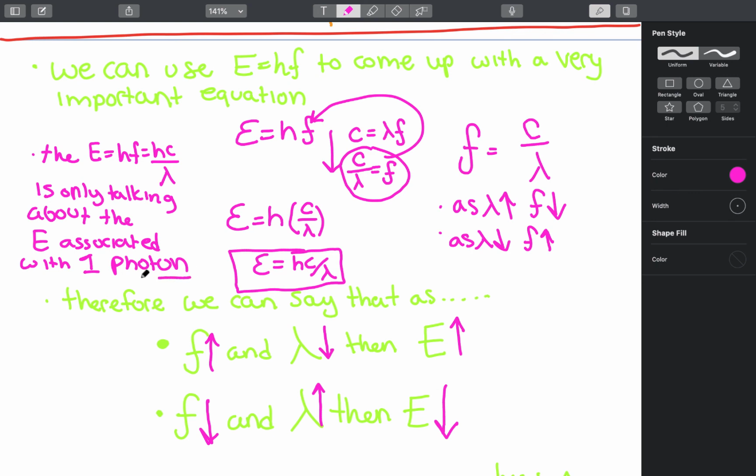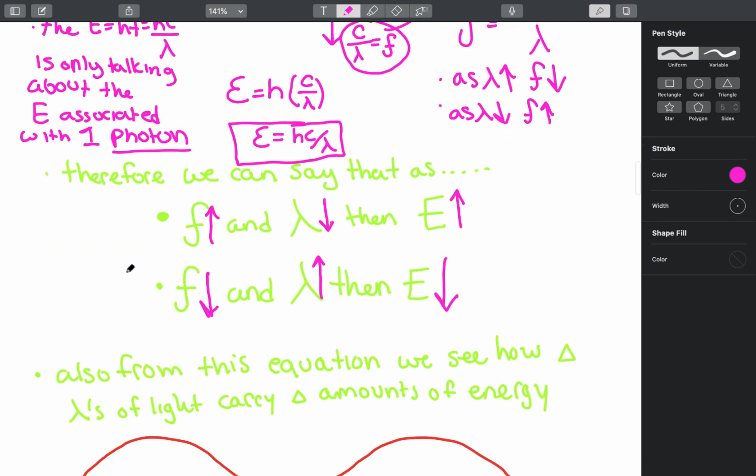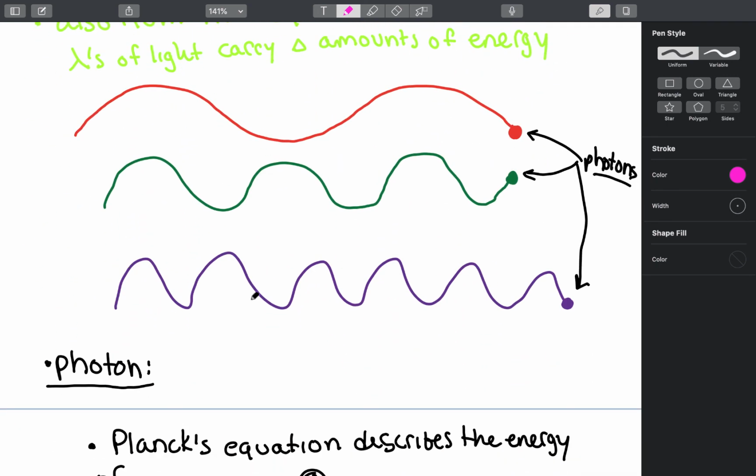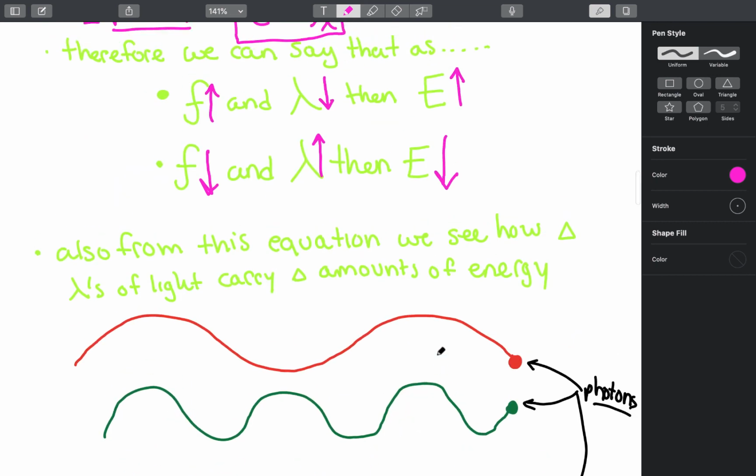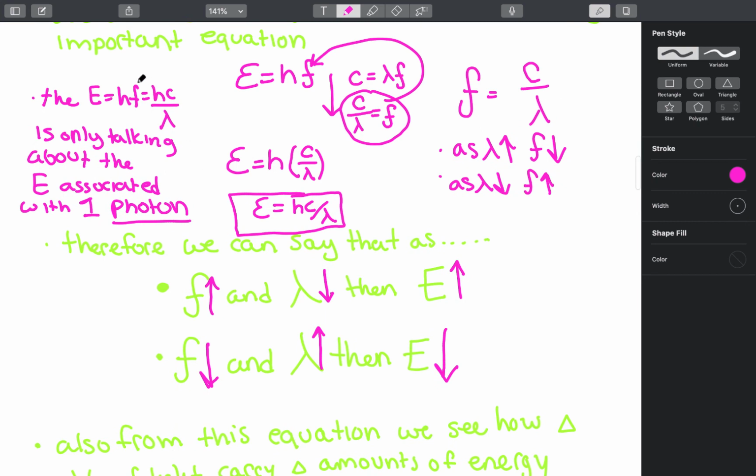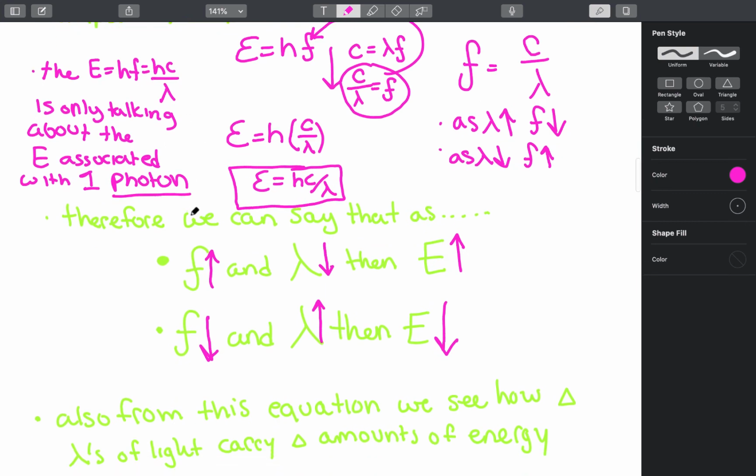So what is a photon? A photon is actually a particle of light. So the equation above that Planck derived is only talking about the energy associated with one photon of a particular wavelength of light.